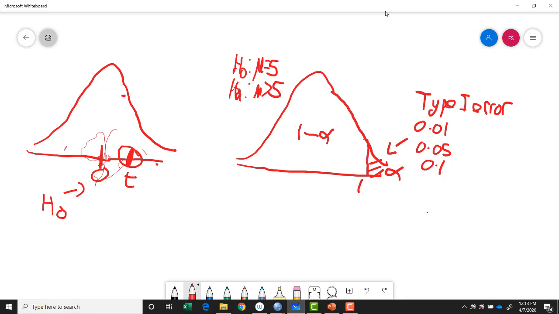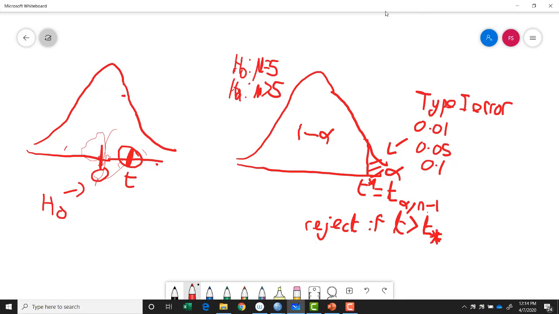And we would actually call this our rejection value of t. And this is going to be t alpha, which is our type 1 error, and then the degrees of freedom, which is n minus 1. We're not going to worry too much about it for this class because it's not a stats class. So we generally reject the null hypothesis if t is greater than this t starred fella here.